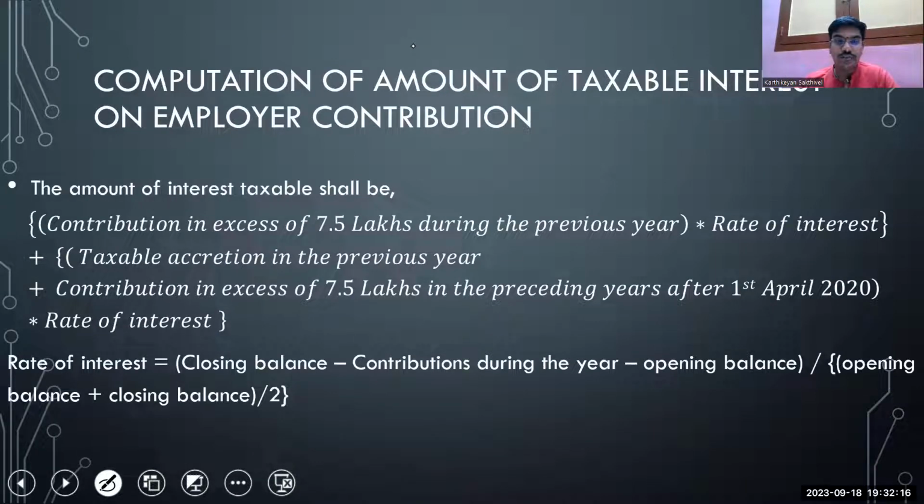So as far as the amount of interest which is taxable is to be computed, நம்ம என்ன பண்ணணும்னா contribution in excess of 7.5 lakhs during the previous year into rate of interest. That amount is taxable.